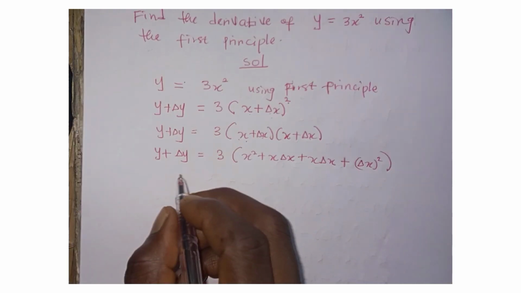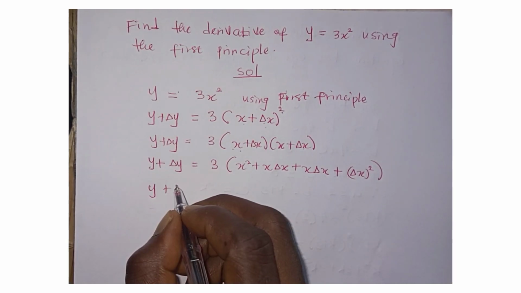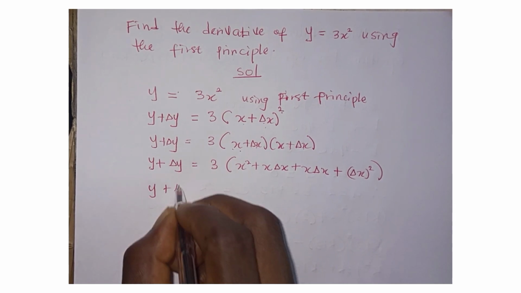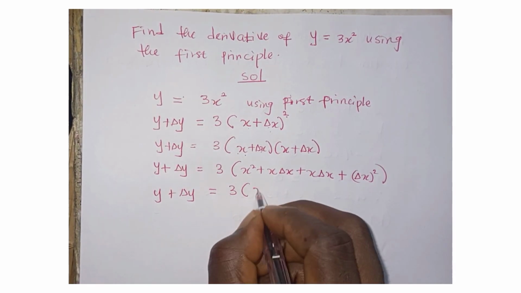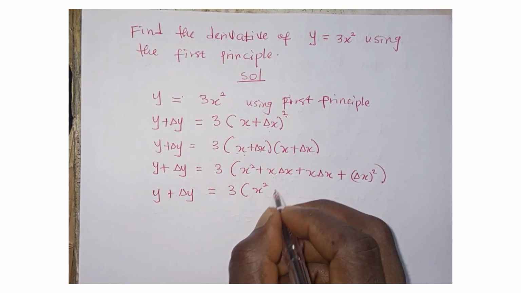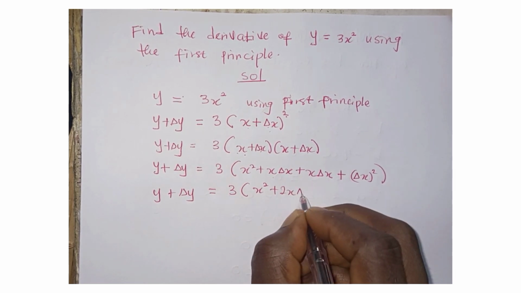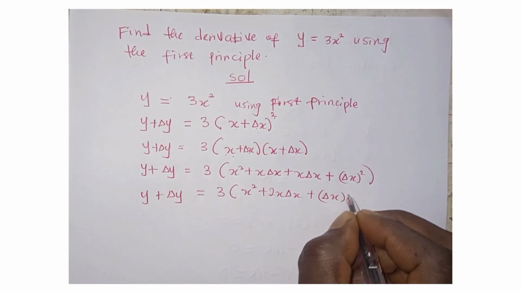Then this will now be y plus change in y equal to 3 into bracket x squared. Now, x change in x plus x change in x will give me 2x change in x plus change in x all squared.